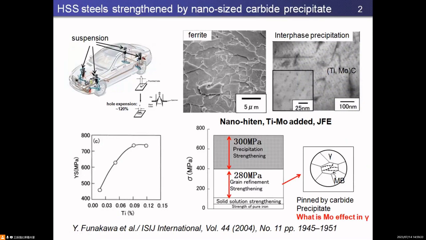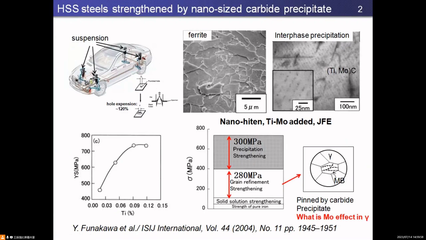This is related to the austenite conditioning before cooling, and it is affected by the strain-induced precipitation in gamma. A question is, what's the effect of moly on the precipitation in gamma?